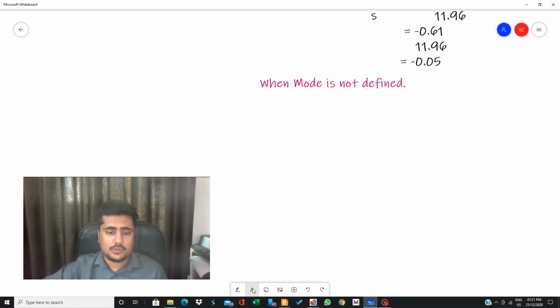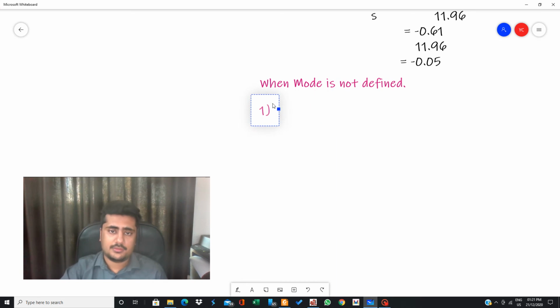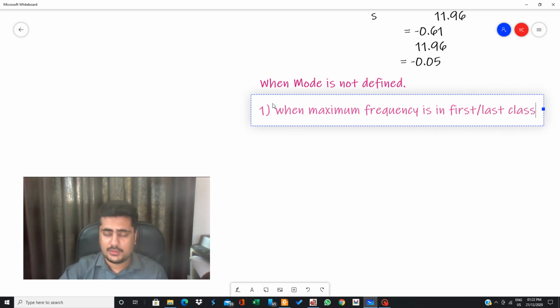See, in which cases mode is not defined? When maximum frequency is in first or last class.